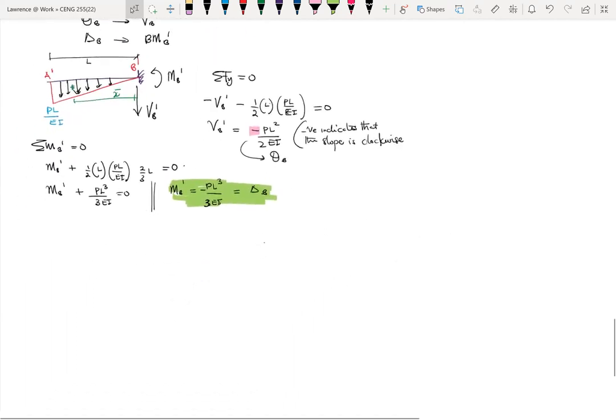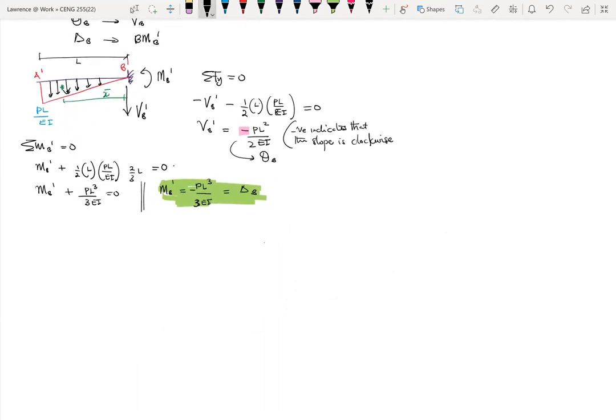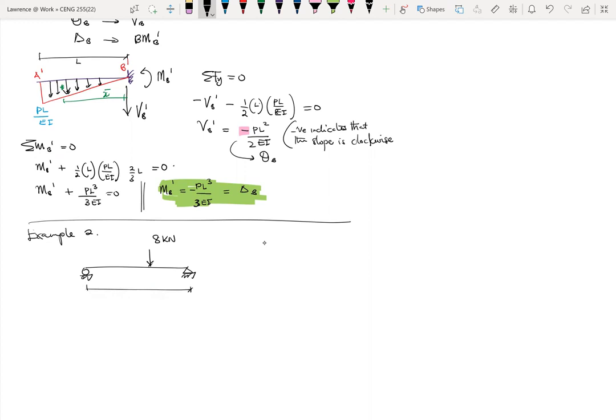So here I have, let's look at maybe example 2. So I have an example where here I have actual values. Okay. So I have an 8 kilonewton load. And then this is 9 meters, 3 meters.